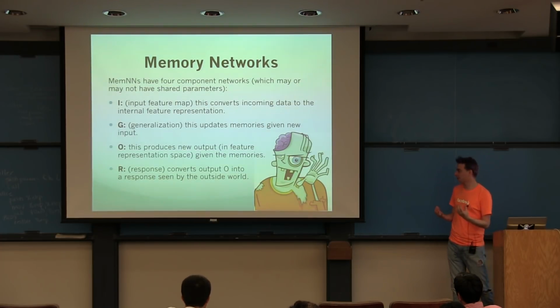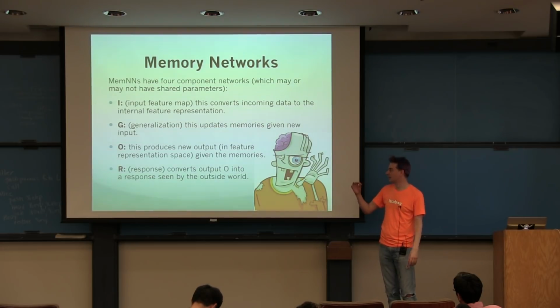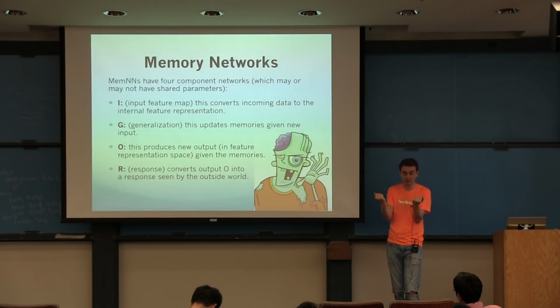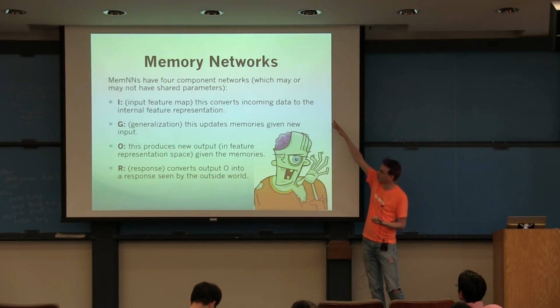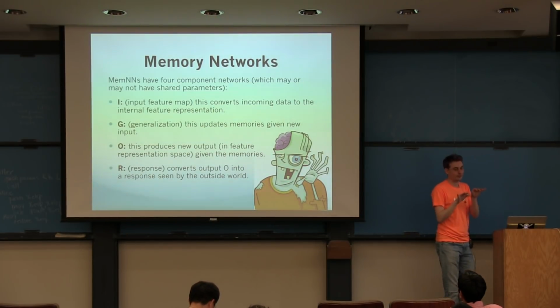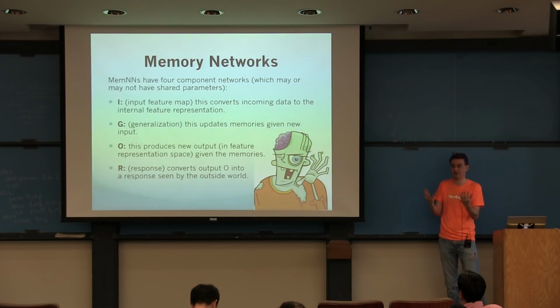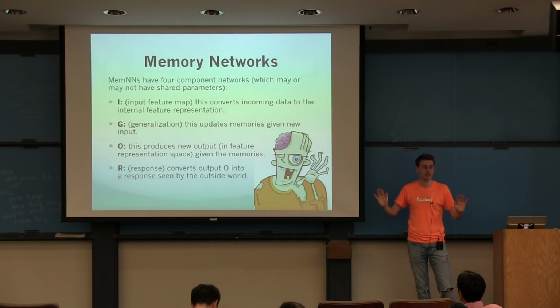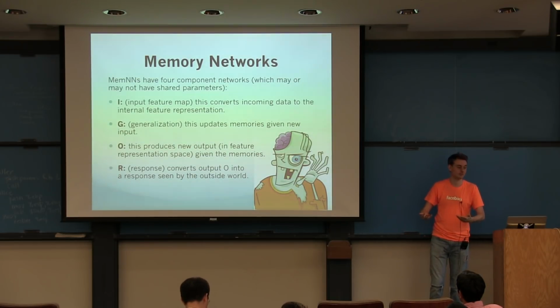The O component, after it's read from the memory, is supposed to build an output representation. This is also a feature representation, different from the input representation from I, but meant to represent all the features necessary to answer a question successfully. Or, if you were using this not for question answering but for, say, a robot acting, it would be all the features necessary to act well, right?